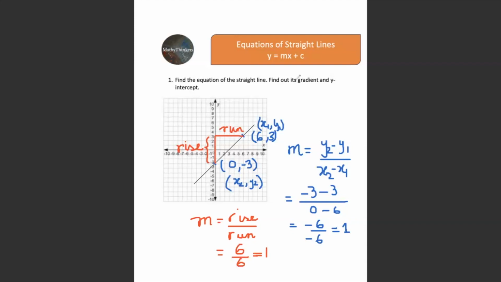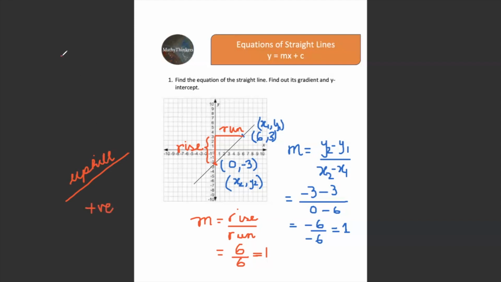And the y-intercept is pretty simple. It is just the point where it cuts the y-axis. So that's the y-intercept. Okay, another thing that we have to remember about gradients is if we have a graph that goes uphill like this, so if we are going up the hill, then it's a positive gradient.